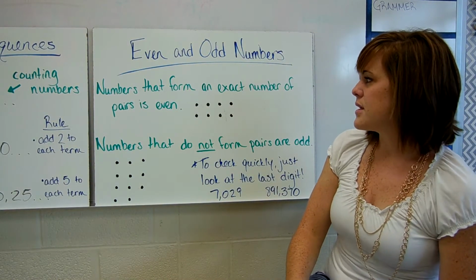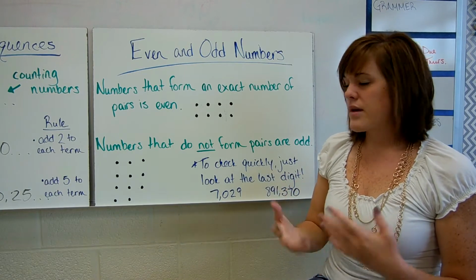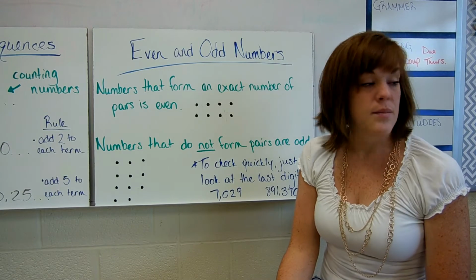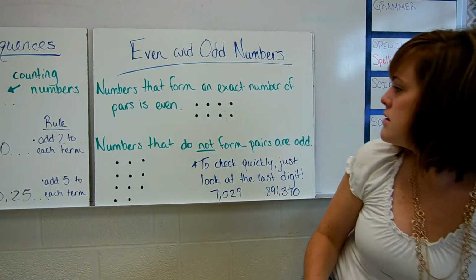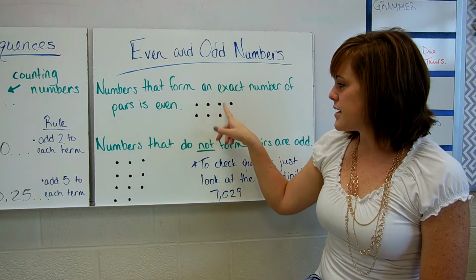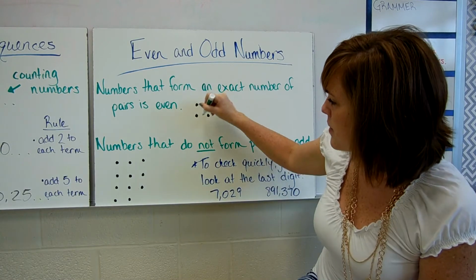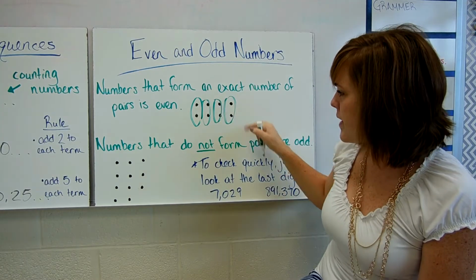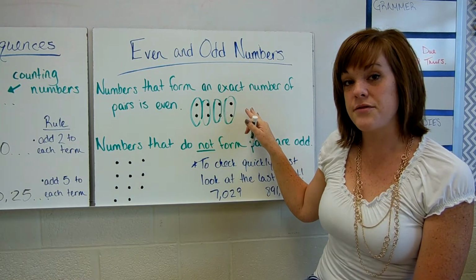Even and odd numbers. So a number that can be divided into exact pairs is an even number. So there are 8 dots here, and I can pair them off into 1, 2, 3, 4 pairs, and there's nothing left over.